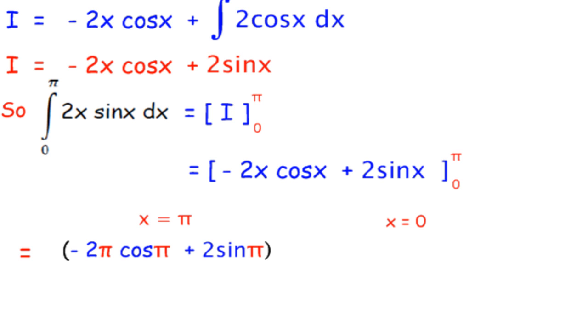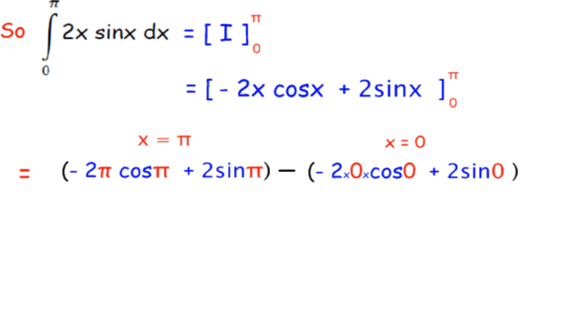Fitting in x equals pi is minus 2 times pi times cos pi plus 2 sin pi. Into the second bracket, separated by a minus, we've got minus 2 times 0 times cos 0 plus 2 times sin 0.